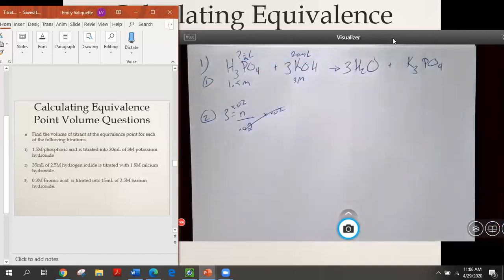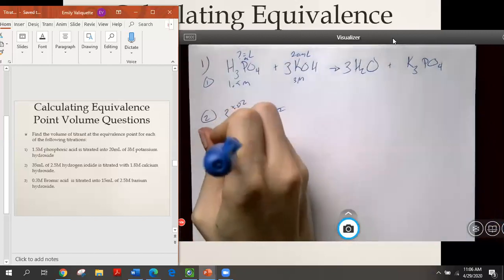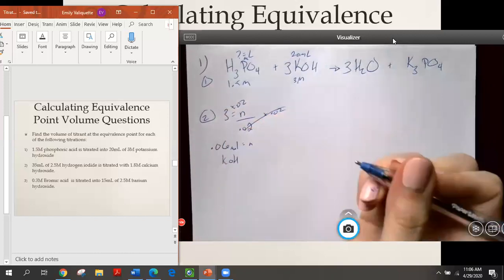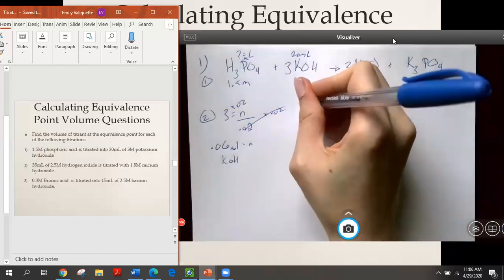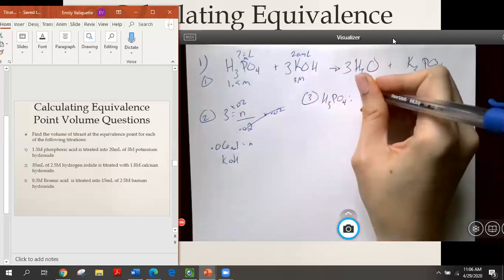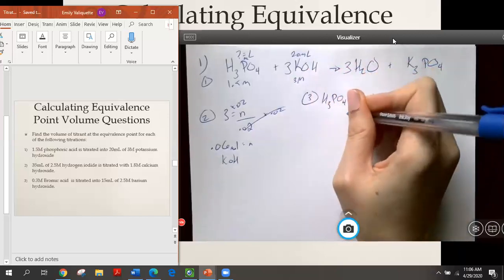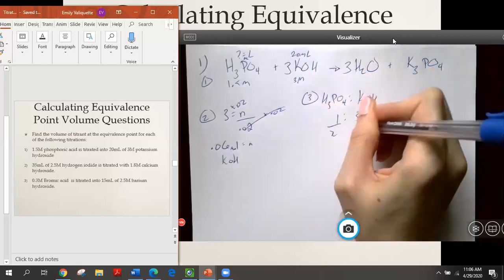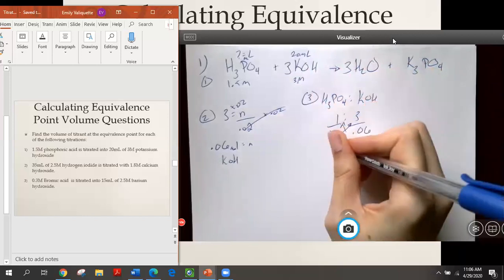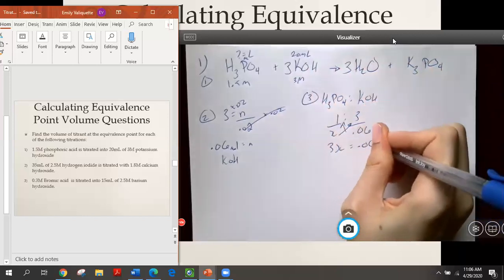So 3 times 0.02 is 0.06 moles. So that is our KOH. And then we're going to set up a mole ratio between our acid and our base, which is a 1:3 ratio. Plug in our 0.06 moles, cross multiply, and divide.